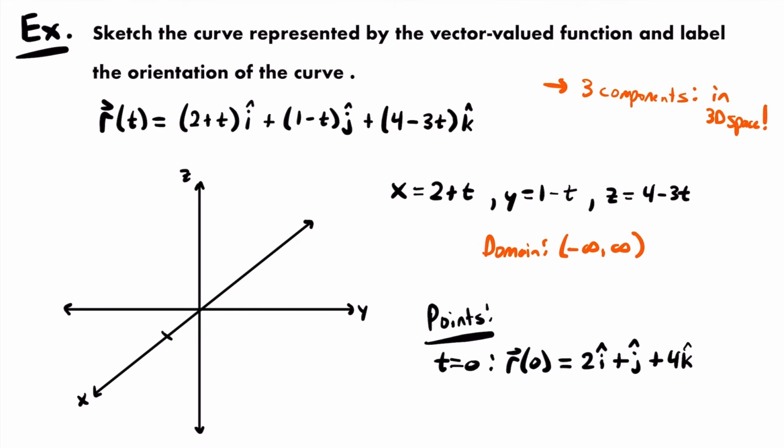Let's let this be x equals 2, this will be y equals 1, and then this will be z equals 4. We need to plot a point that has those 3 coordinates. Remember that what you do is first find the shadow point in the xy plane. So you want to draw lines parallel to the opposite axis from each coordinate. And then where they meet is the shadow point of our point, which would be right about here.